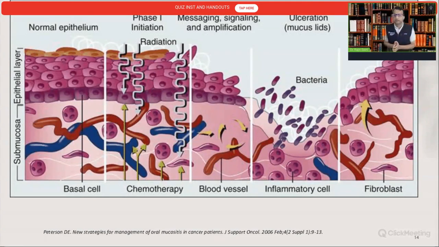The free radical oxidants generated by chemotherapy also contribute to degeneration of the mucosa, worsening the ulcers and the situation. So it's an ongoing process during and even after the completion of cancer treatment.